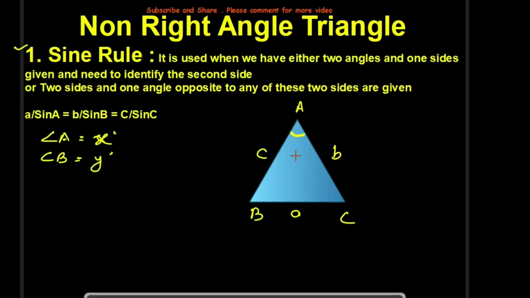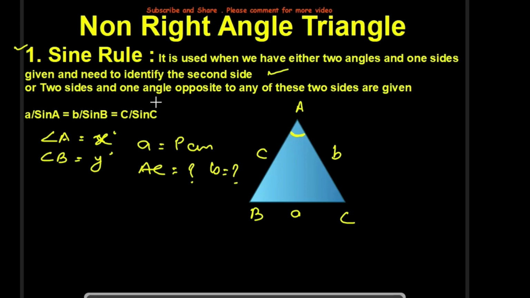Two angles are given, and the side corresponding to A is given as p centimeter, and they are asking us to identify the value of the side AC, that means b. In this scenario, two angles and two sides are coming into the picture. So it is used when either two angles and one side are given and we need to identify the second side, then we can use the sine rule.